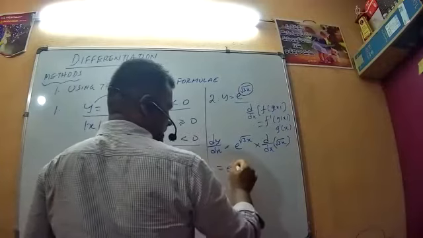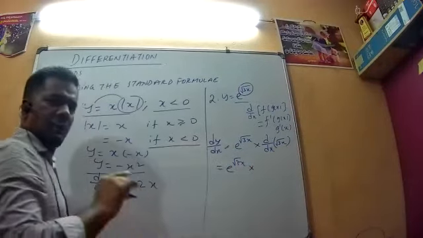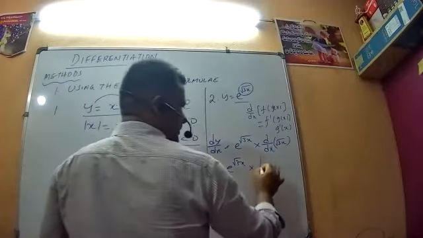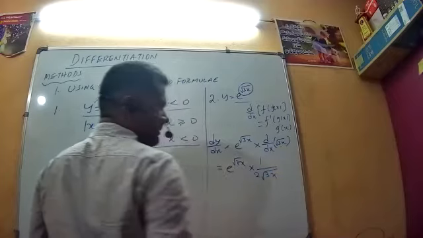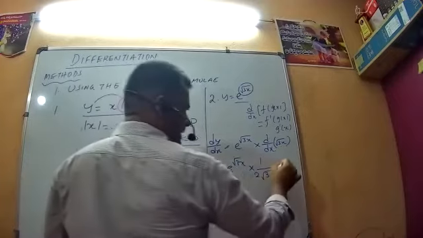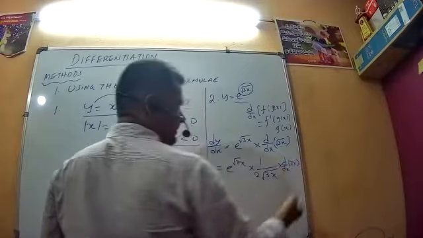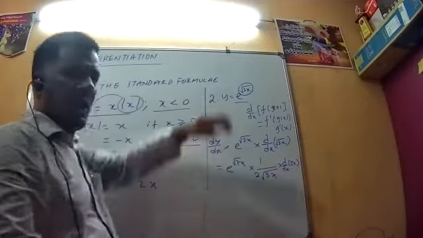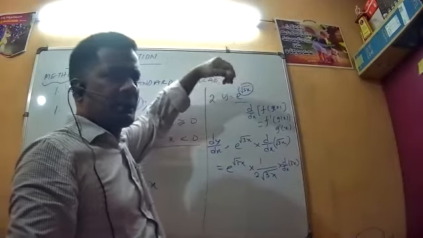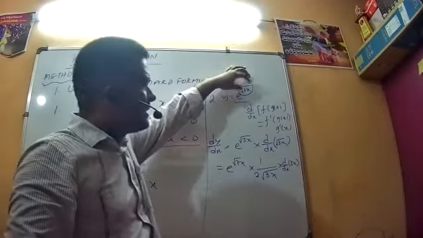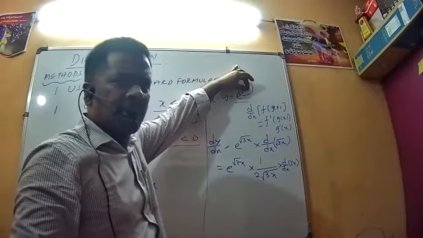This is e power root 3x into the derivative of root x, which is 1 by 2 root x, with 3x in the place of x, into the derivative of 3x. Actually, this is a composition of three functions, f, g, and h: e power x, the square root, and 3x, an algebraic function.